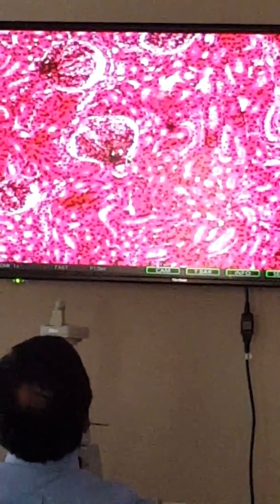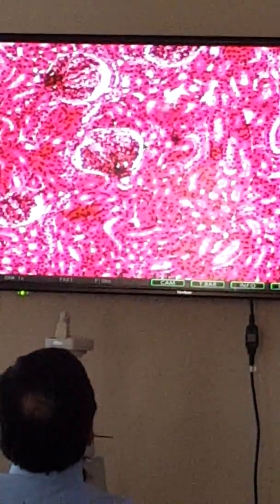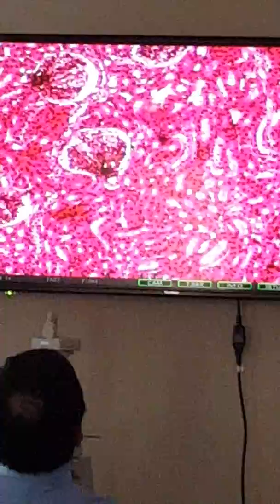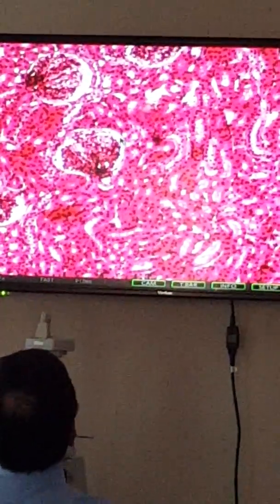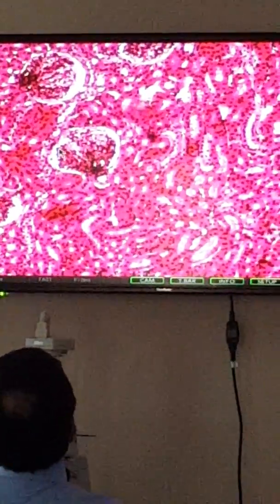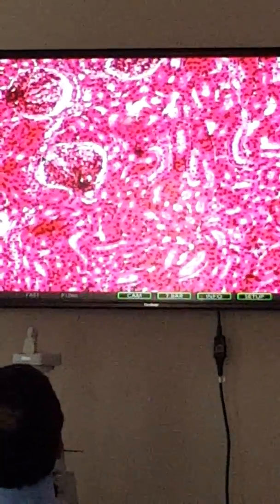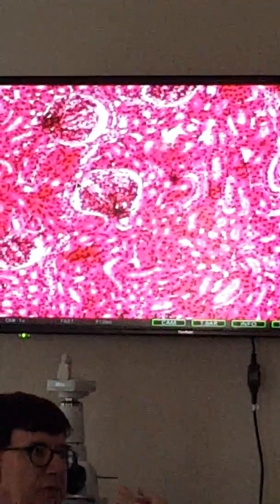Now, this right here, let's look closely. You see there's a layer of simple squamous epithelium right here? That's going to be your parietal layer of Bowman's capsule. The visceral layer is hugging this ball of capillaries, the glomerulus. So if you see a cell like that, hugging the external surface of the glomerulus, that's a podocyte.